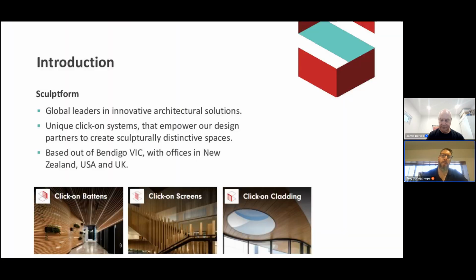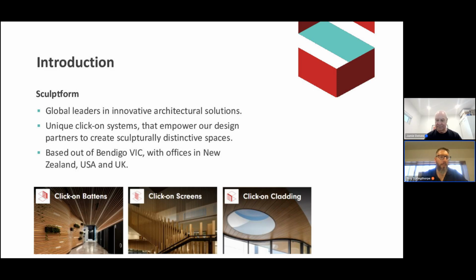So just a quick overview on Sculptform. We are global leaders in innovative architectural solutions. We have our main range of products, so click-on battens, click-on screens, and click-on cladding. We do projects all over the world, so you've probably seen our products in and about, especially in major cities.